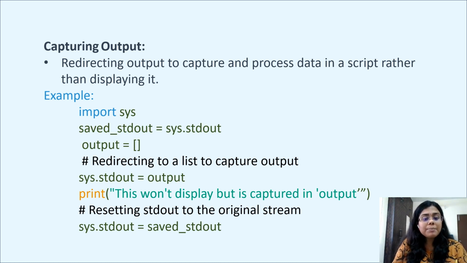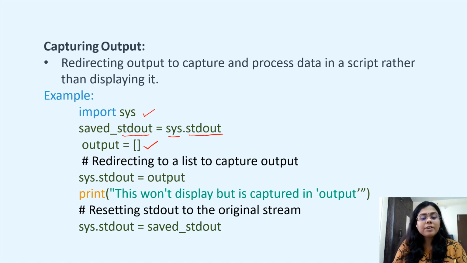Here in this example, we import sys. We use the standard out to output the data that we have received as an output. Here we initialize a list. This list is output list. This list will capture all the output data.